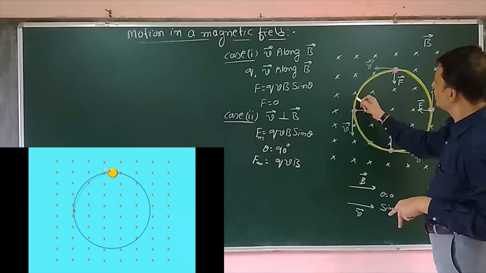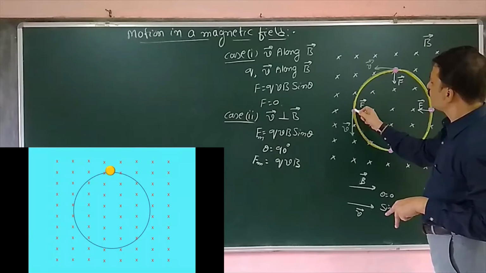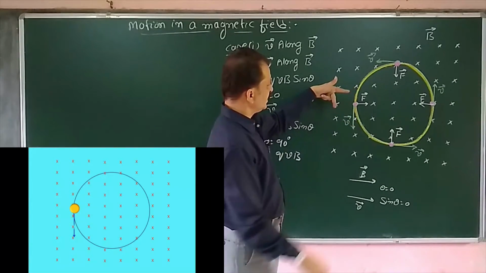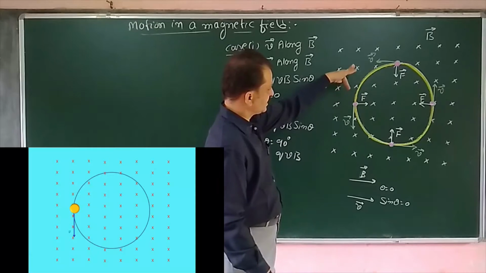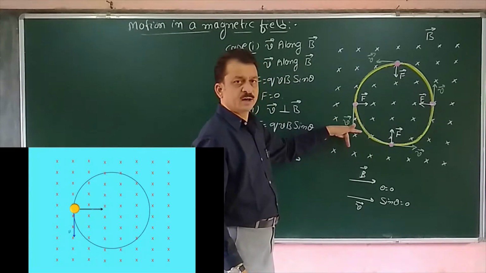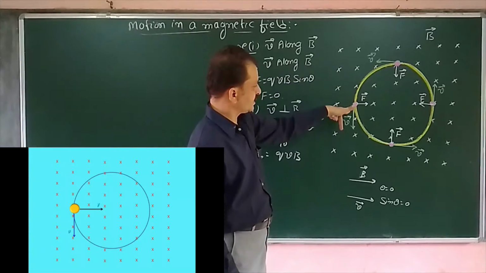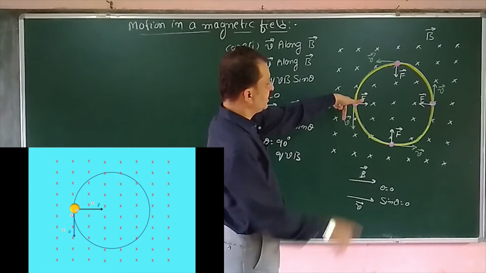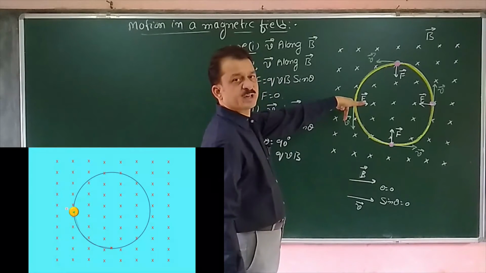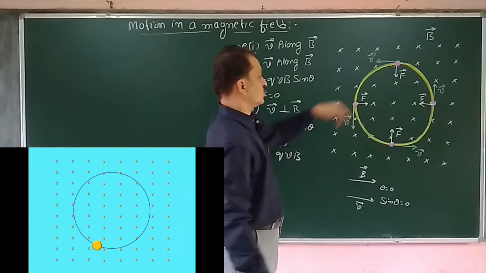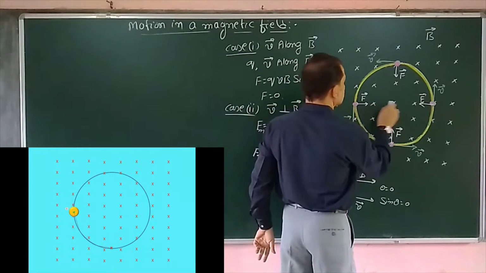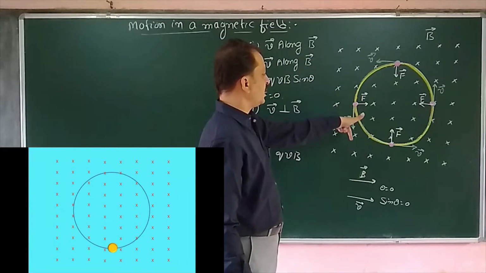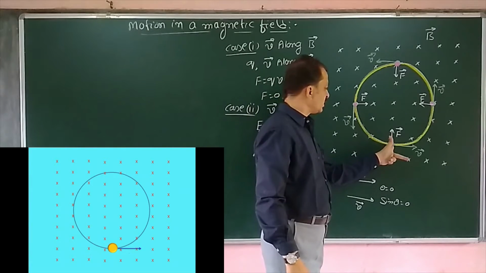It goes on bending, and if the particle comes to this point, now this is the velocity. Velocity is directed downwards, and the forefinger indicates the direction of the magnetic field. Then the extended thumb represents the direction of the force. Therefore, it experiences the force towards the center. It goes on bending, bending at this point.